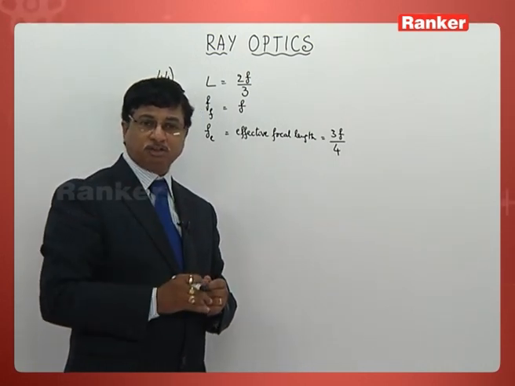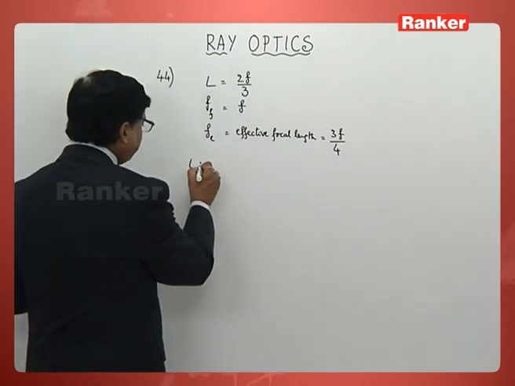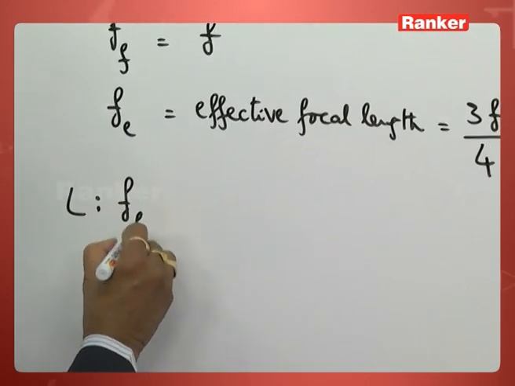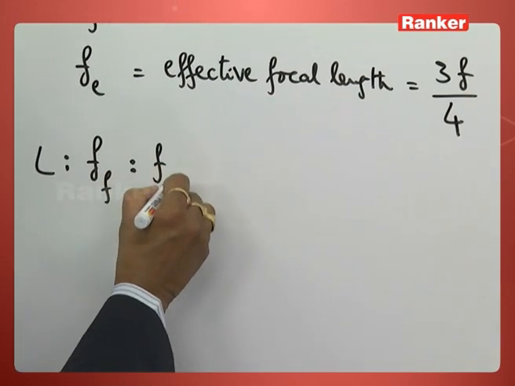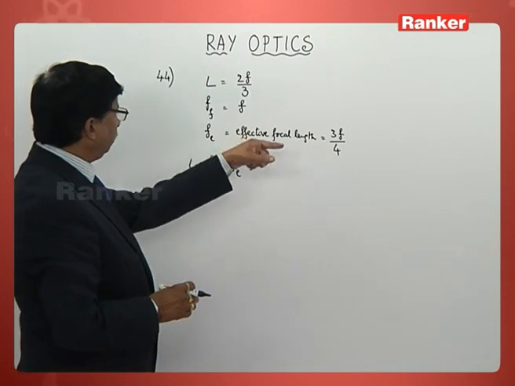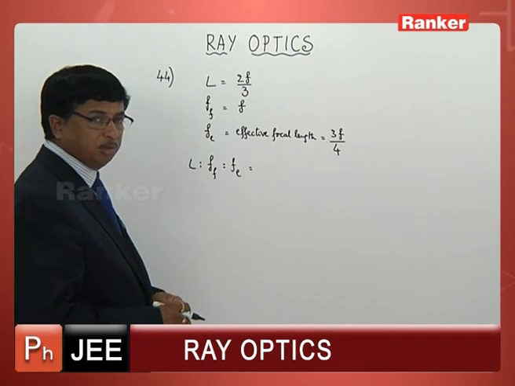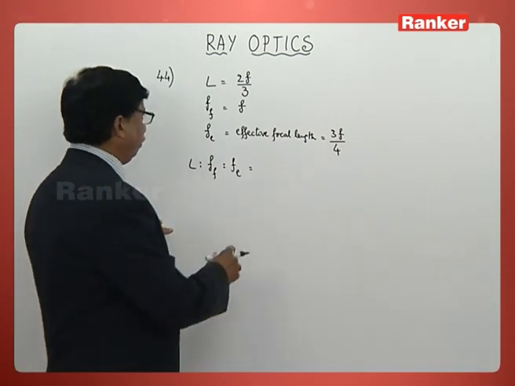Now what is this question? L is to FF is to FE. That is the ratio he is asking. The moment you can recollect these three formulae to mind, it is not a problem to calculate the ratio.